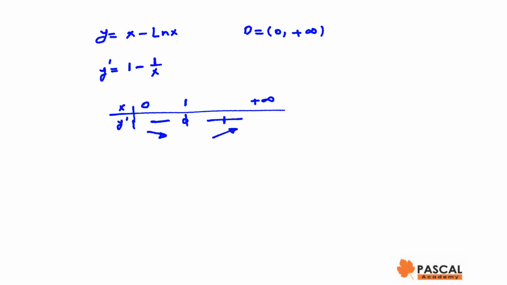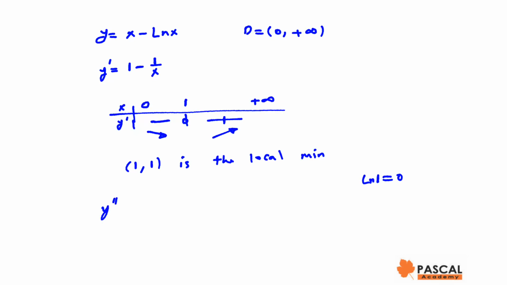When x is more than 1, it is increasing. At x equals 1, notice that ln of 1 is 0, so (1, 1) is the local minimum on the graph of the function.